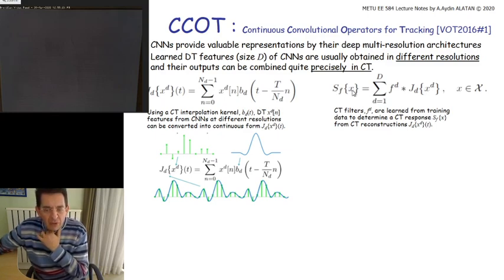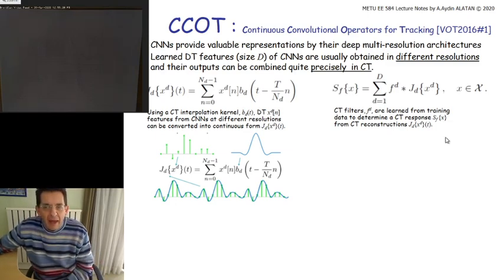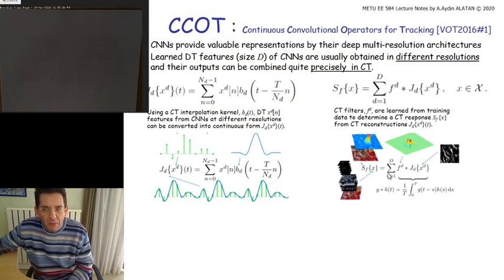Now please look here. Everything is continuous here. From these continuous reconstructions of xd and the continuous filters, we obtain such a result. This is S of f. Our x is nothing but our discrete features from a CNN, for example.